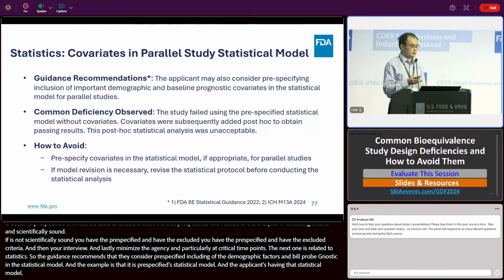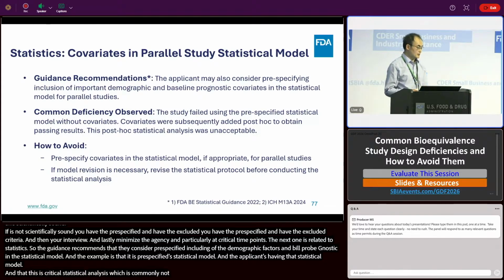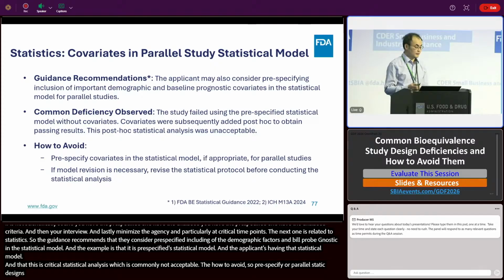This is a typical post-hoc statistical analysis, which is commonly not acceptable. So how to avoid? First, pre-specify covariates in the statistical model for parallel study designs. And if statistical model revision is necessary, revise the statistical model before actually conducting the statistical analysis.